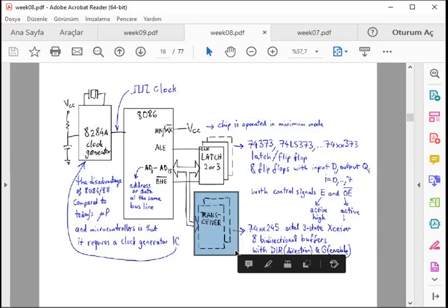The other group of latches, actually, they are called transceivers. So they are both transmitters and receivers. So the information can flow in 2 directions.